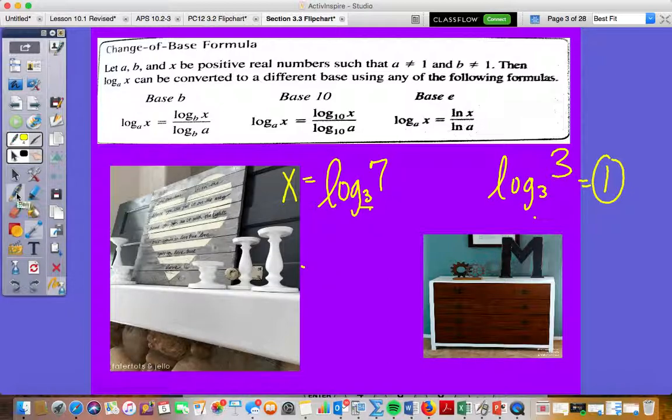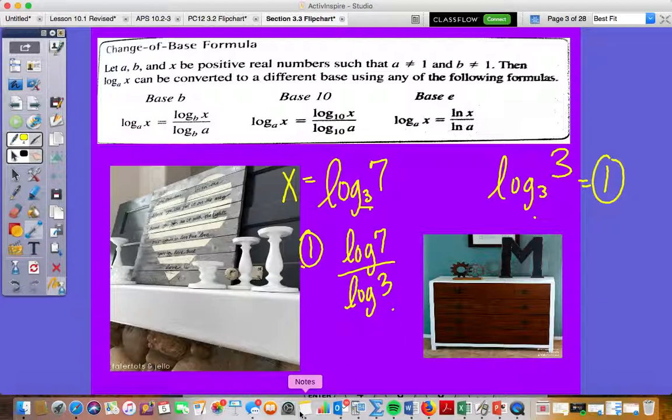And by the way, this would be using a calculator. We could do it one of 2 ways. Way 1 is we could take the log of the outside over the log of the base. So this would be log of 7 over log of 3. It's called the change of base formula. The log would be applied to both.